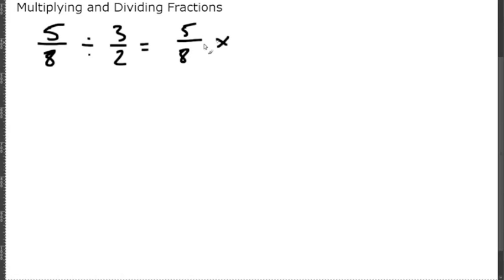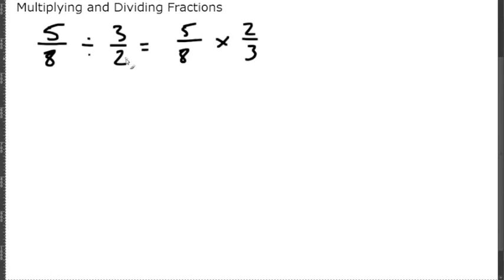Let's look at a couple of dividing examples. Let's say I give you 5/8 divided by 3/2. This is a good example because 3 does not go into 5 evenly like in our previous example, so we're definitely going to have to flip the fraction. So now we're just going to do 5 over 8 multiplied by the reciprocal of the second fraction, 2 over 3.